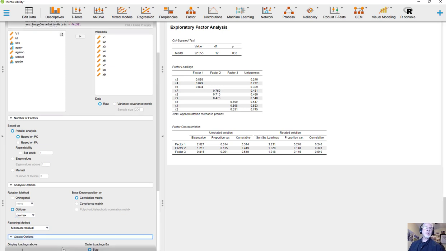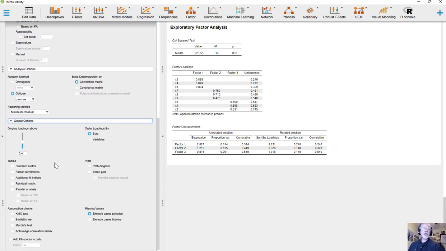And then we have output options. For output options, it's showing display loadings above 0.4. Some people like to go down to 0.32.